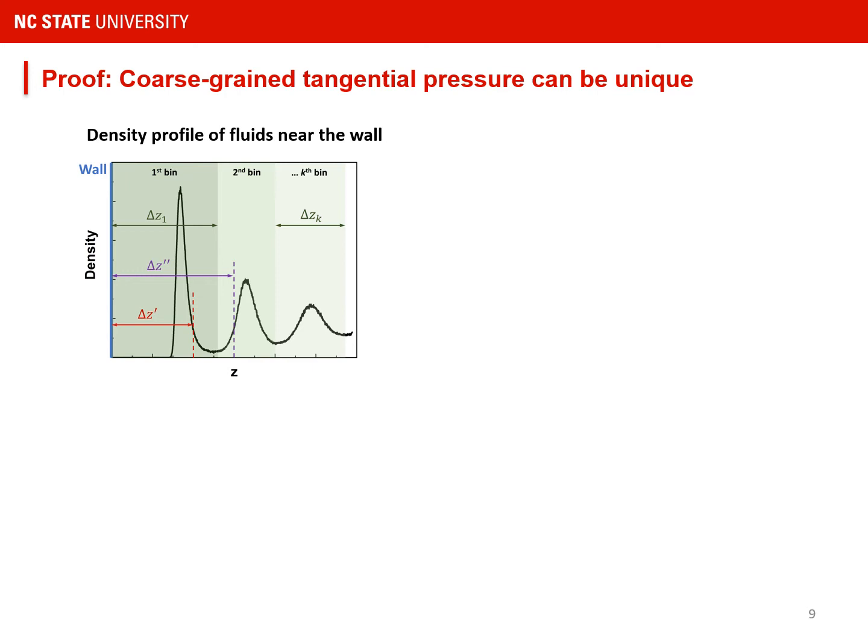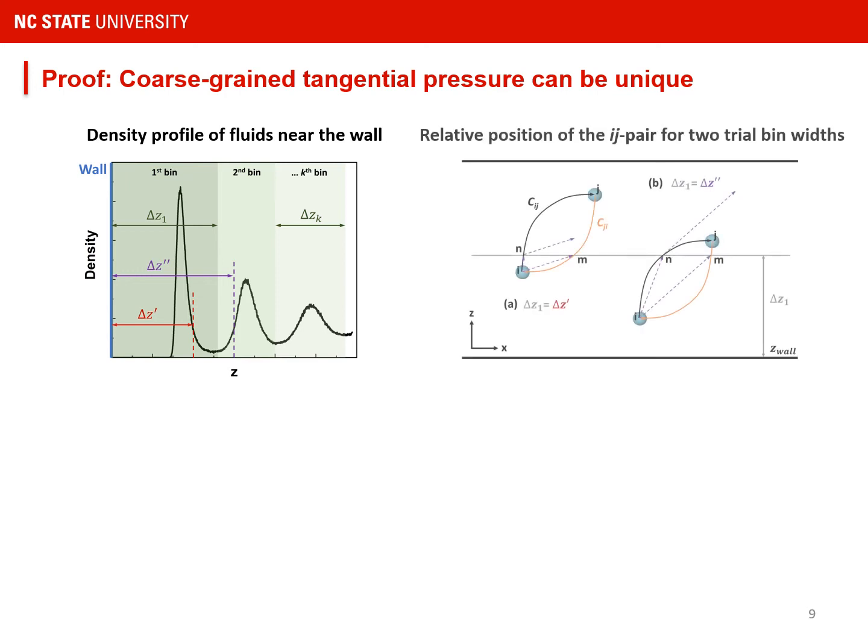We can also take a second trial, which is delta z double prime, and the upper boundary is close to the second peak. We were able to show that the majority of particle pairs have the relative position shown on the left for the first trial bin width. In this case, the vector im plus the vector im is smaller than the vector ij in the x direction.